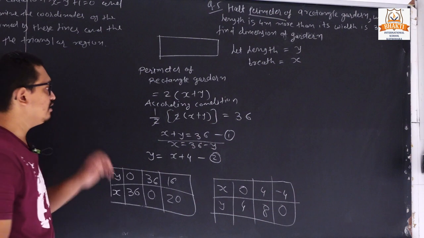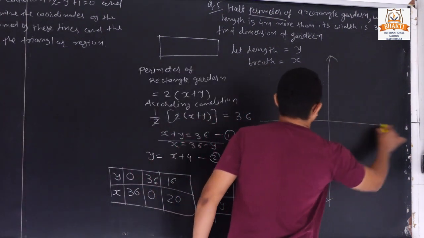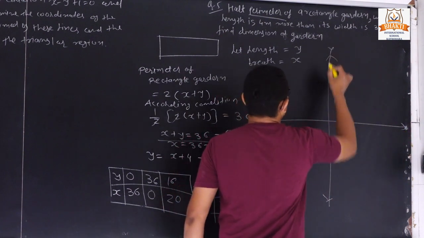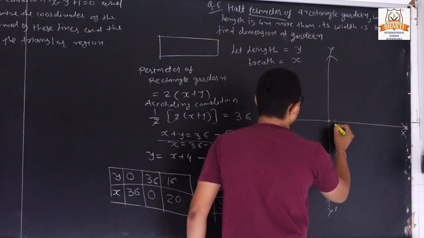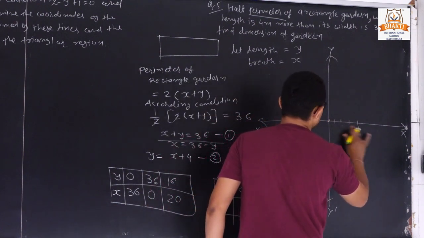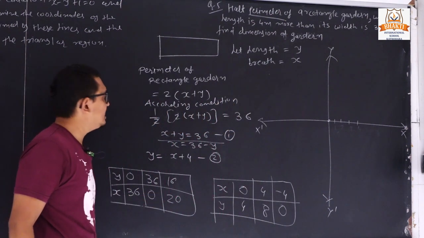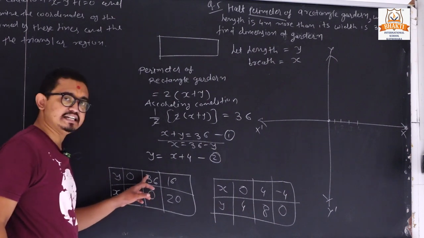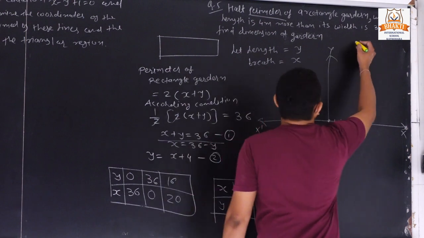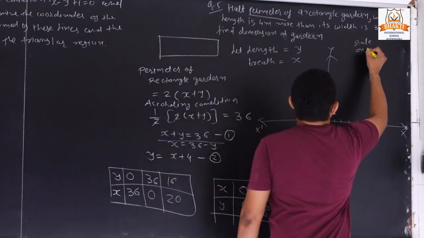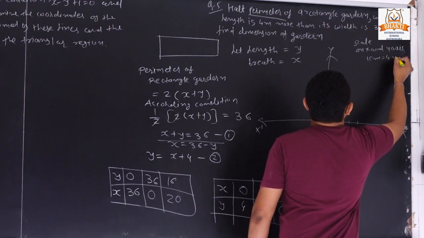Clear? Now we are plotting its graph. Y dash, x dash, 0, 1, 2, 3, 4. Here we are taking the scale 4, because we have larger numbers like 36 and 16. So the scale on the x and y axis is 1 centimeter equal to 4 units.